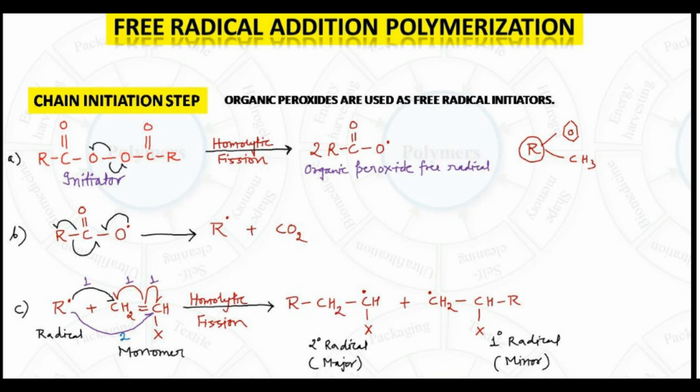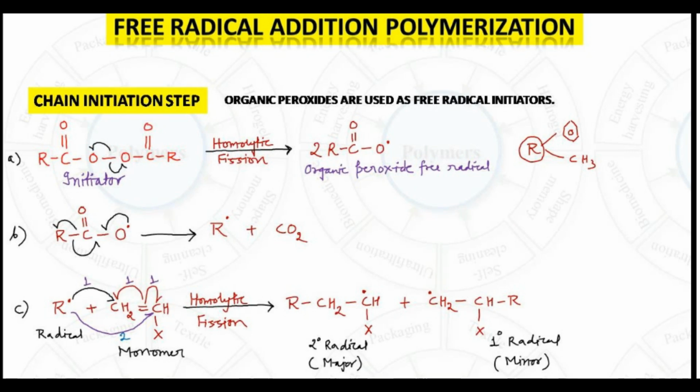And in the second state, what can happen? Instead of attacking onto this particular carbon atom, this radical species will attack onto this carbon. That means this carbon now, which is having the substituent, this will also have the R, and this species will have the odd electron in the second state, right? So here you can see this R gets connected here by this linkage, and one electron actually is moving from here, and this is having one electron.